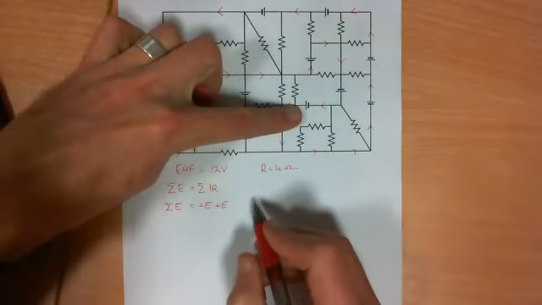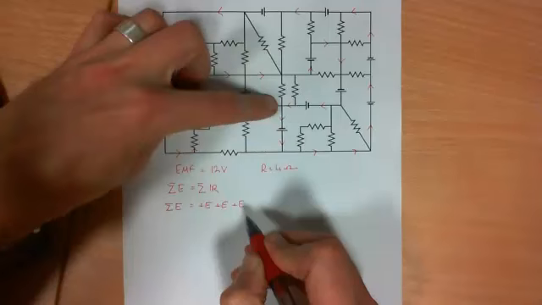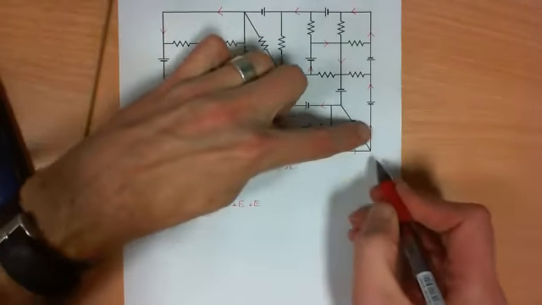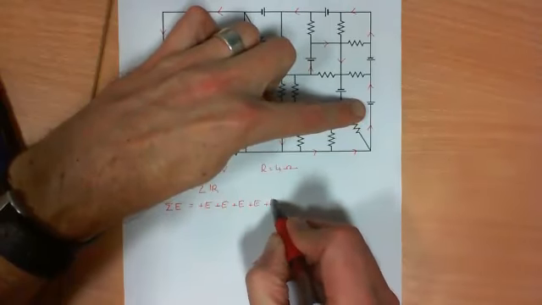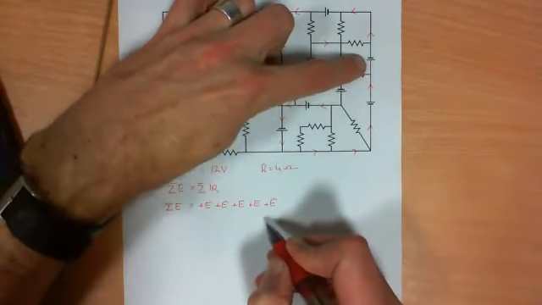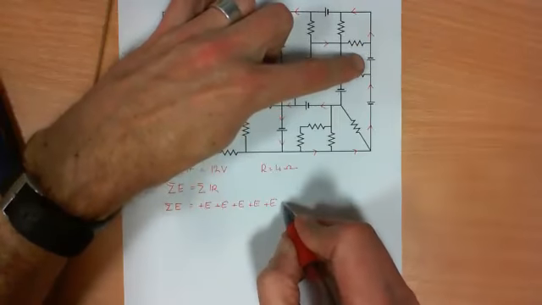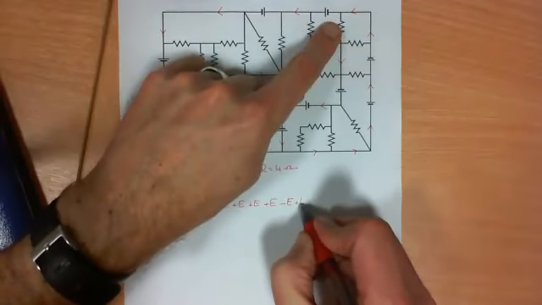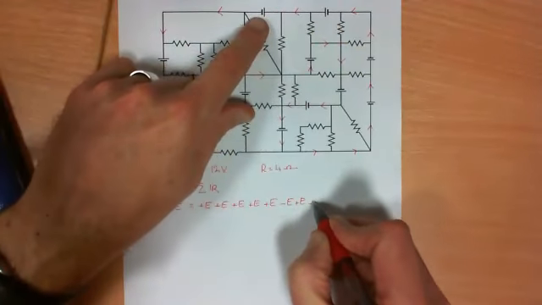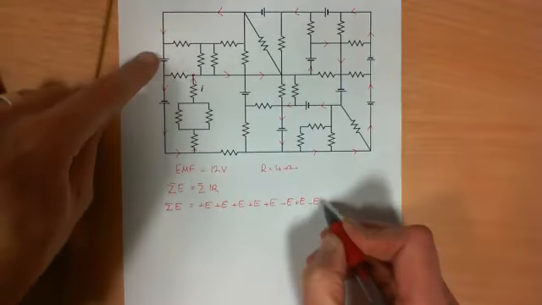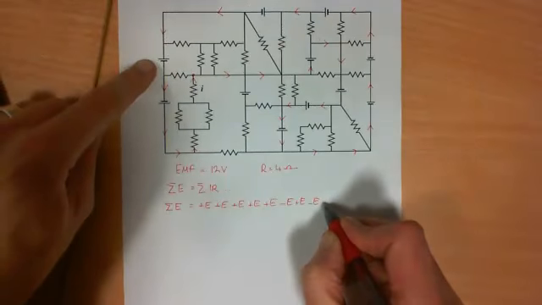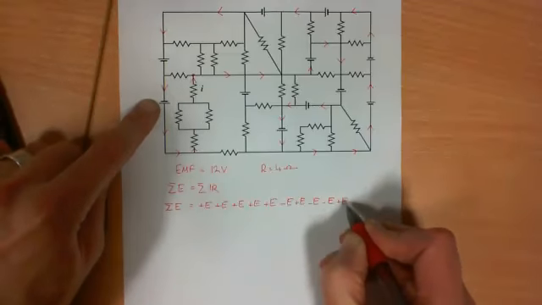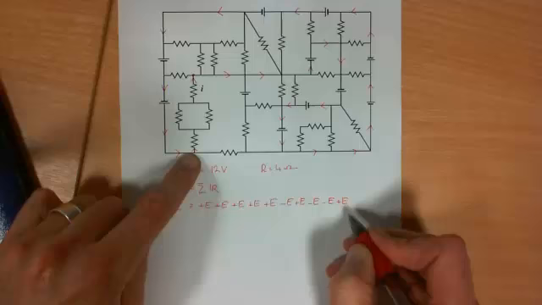Along here, that's another plus E, round, plus E. We're going through this one from positive to negative, so that's in the negative direction, so that's minus E, plus E, minus E, minus E, plus E. That's all of the EMFs.